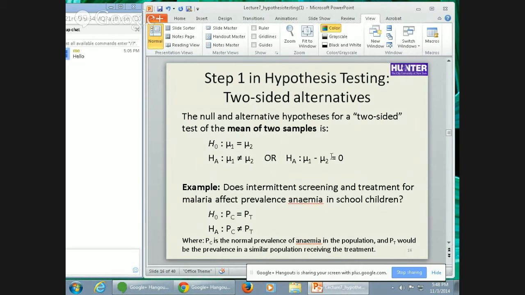Same thing. So an example of this being the RCT example that we used. Does intermittent screening and treatment for malaria affect the prevalence of malaria in school children? The null hypothesis being that the prevalence of the control group is equal to the prevalence in the treatment group, and the alternative being that they're different. And this is what that paper used.